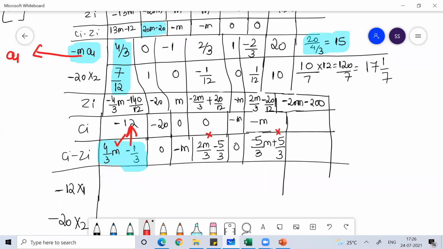So what is the pivot element, guys? The pivot element would be 4 by 3. So this is the pivot element, then this would be 1. 0 divided by 4 by 3, 0. This would be minus 3 by 4. Minus 1 divided by 4 by 3. Minus 2 by 3 divided by 4 by 3. 2 by 3 divided by 4 by 3, that would be 1 by 2. Then 1 divided by 4 by 3 means that would be 3 by 4. Then minus 2 by 3 divided by 4 by 3 is minus 1 by 2.